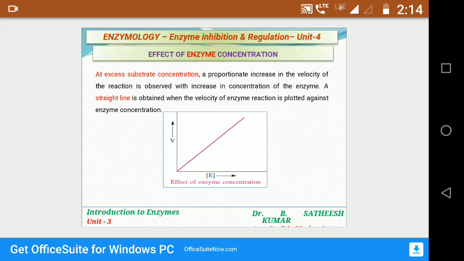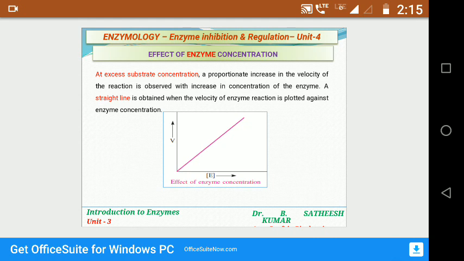And the second factor affecting the enzyme activity is the enzyme concentration itself. In the previous one, we have seen the effect of substrate on the enzyme activity. In that case, the enzyme concentration is unchanged.